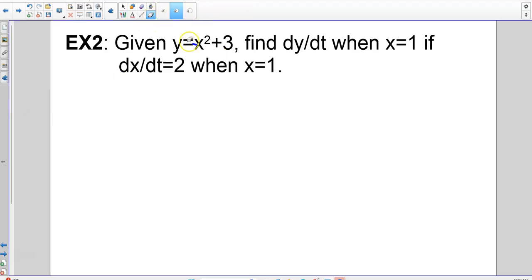Both of these pieces of information have the condition that x equals 1. x doesn't always equal 1, but it's the point that we're looking at. So we can't plug it in before we take the derivative.